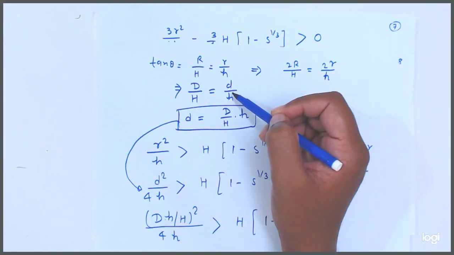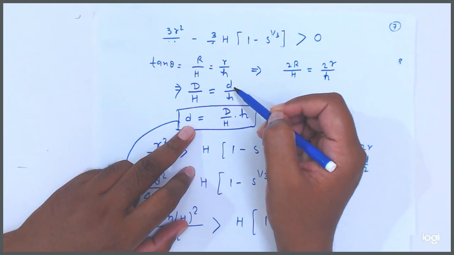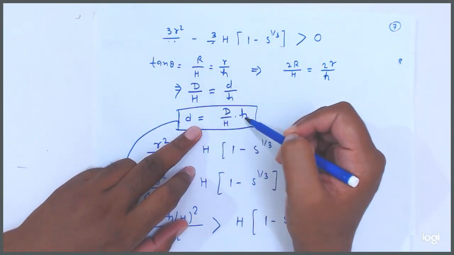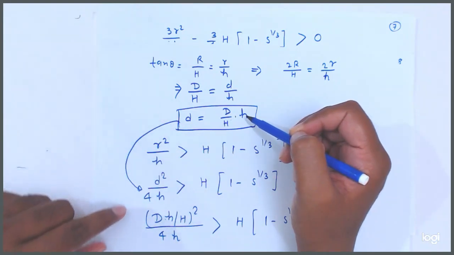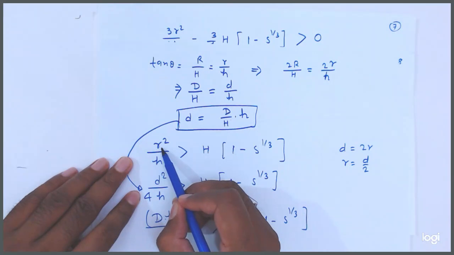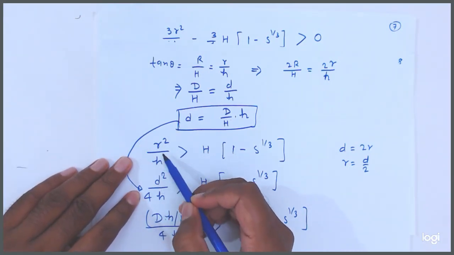From here we find the value of small d, equal to capital D upon capital H into small h. Why are we finding this, friends? Because first we will convert small r in terms of small d.